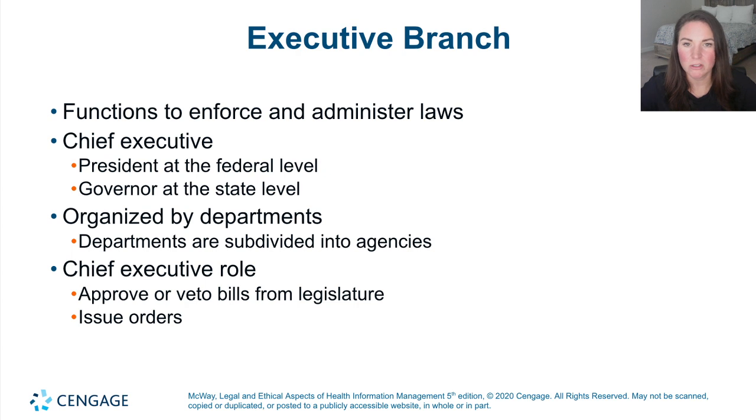And like I just mentioned, the chief executive is who either approves or vetoes bills from the legislative branch. They can also issue executive orders, and those do have the same effect of law. And healthcare providers deal most frequently with this branch, the executive branch, because healthcare organizations are subject to all the rules and regulations of agencies at both the federal and state levels.